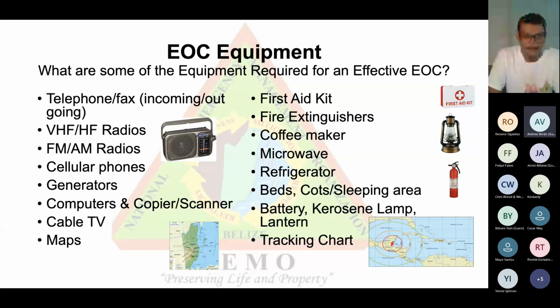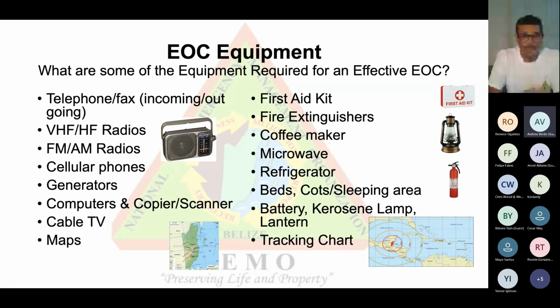is necessary to manage the crisis, because they help to manage the information that is coming in and out, and also serve as a communication tool as well, with email and the like. Again, along with AM, FM radio, a cable TV to monitor through news agencies what is also happening on the ground.